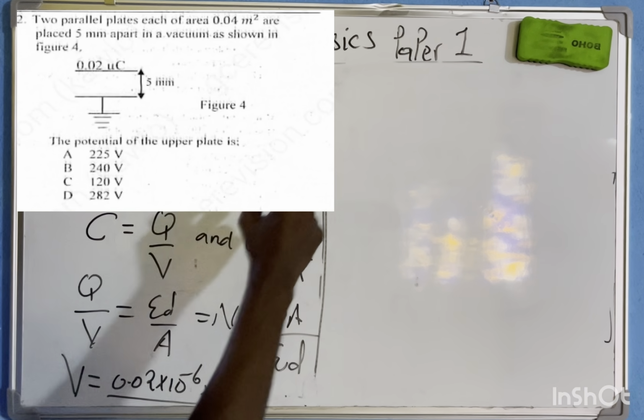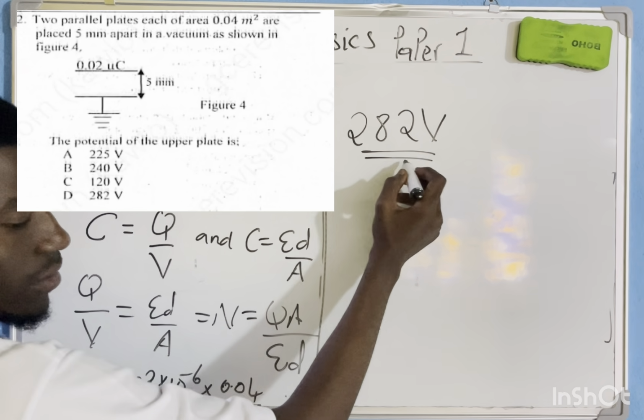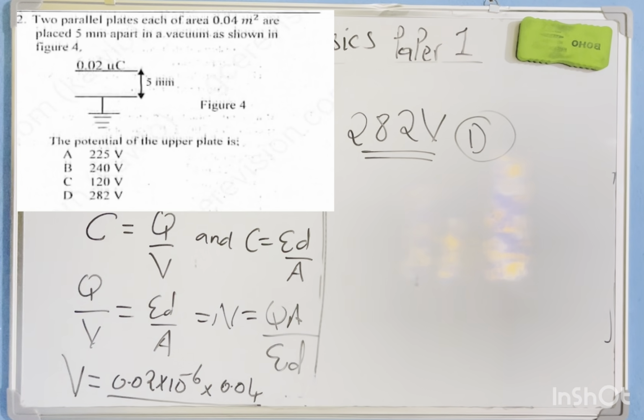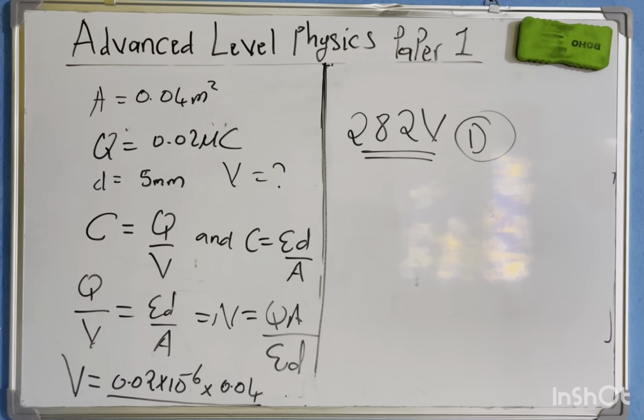After doing the numerical application, you come out with 282 volts, making the correct potential to be D. Without forgetting to change the distance separating the plates to meters.